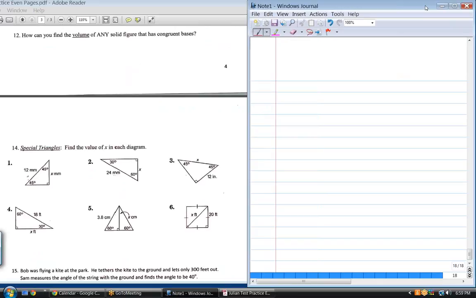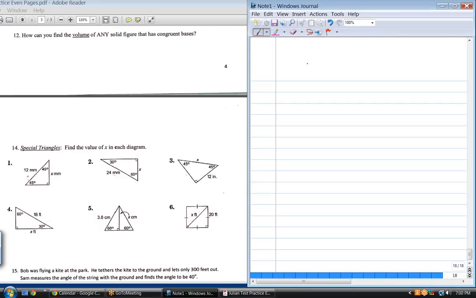Okay. Any solid figure that has congruent bases, what's that another name for? A prism. A prism? That's what a prism is. Any solid figure that has bases at each end that are the same.